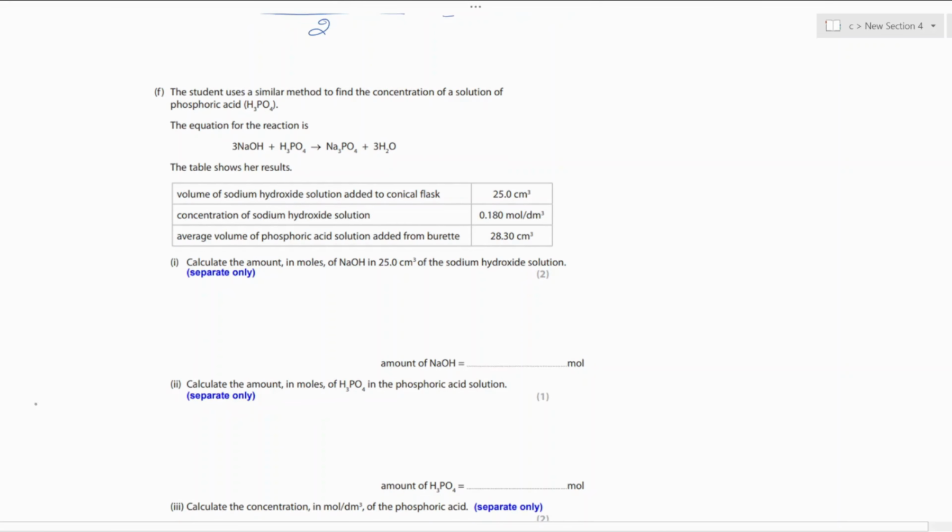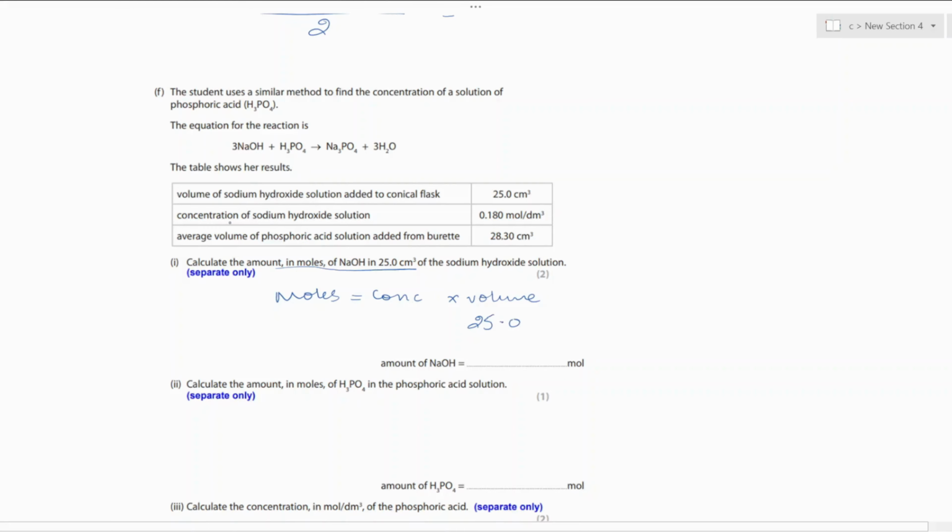The student uses a similar method to find the concentration of a solution of phosphoric acid. Now calculate the number of moles of sodium hydroxide in 25 cubic centimeters that is used. So the formula is moles equals, you have already told me, concentration into volume. The volume given is 25.